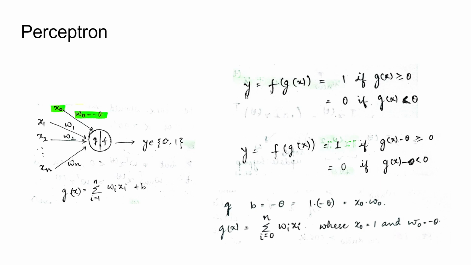The value of y will be equal to 1 if g of x is greater than or equal to some threshold theta, and if g of x is less than theta, then it will be 0. So theta is serving here as a threshold, and based on that threshold and the value of g of x, the decision is being made whether x should be assigned a label of 1 or 0.